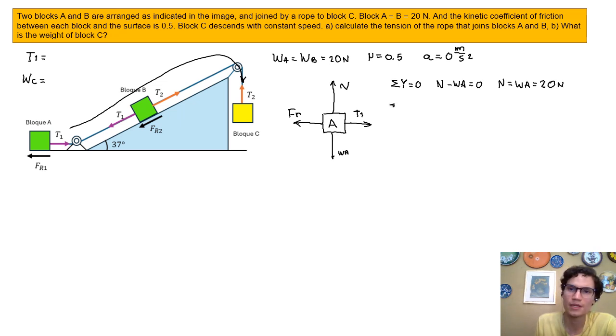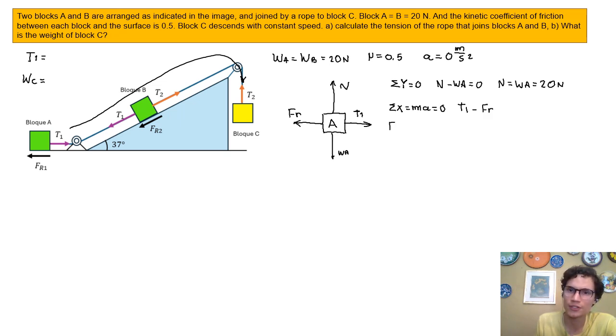The sum in the x-axis, there is movement, so it's equal to mass times acceleration, but the acceleration is 0, so it's also equal to 0. We only have the tension 1 minus the friction.